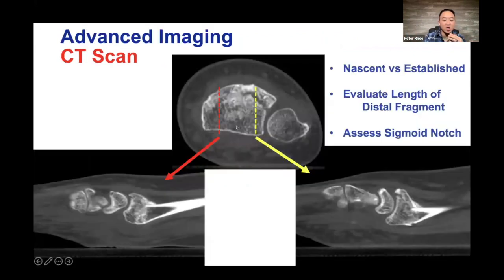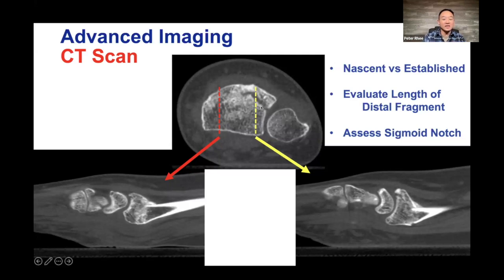And then you can see that, knowing that's a dorsal bending mechanism, there may be an associated dorsal rim fragment. Advanced imaging really helps you decide, is it truly extra-articular? And knowing that this is dorsal bending, maybe you have a dorsal rim fragment, maybe you have a dorsal ulnar corner fragment like in this patient.